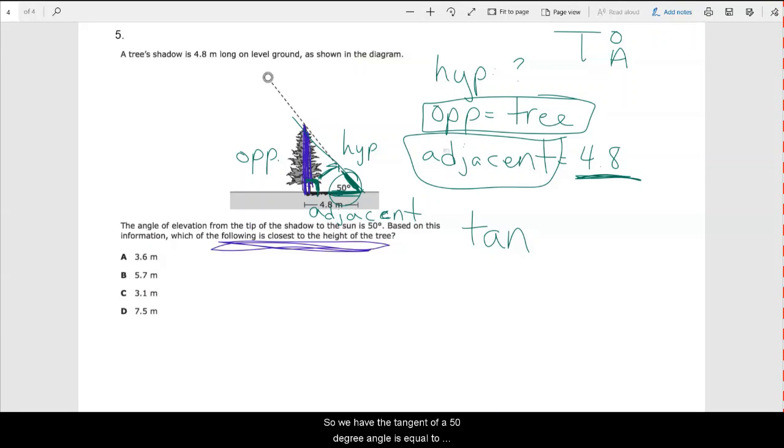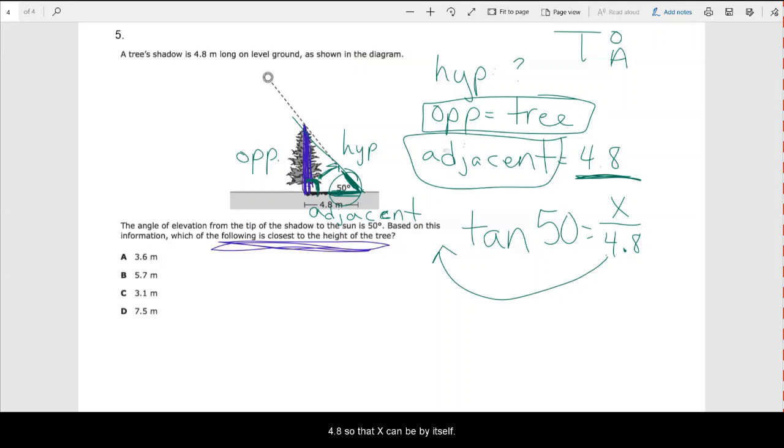So the tangent of a 50-degree angle is equal to our tree, which is unknown. I'm going to put x, over our adjacent side, which is 4.8 meters. We multiply both sides by 4.8 so that x can be by itself.